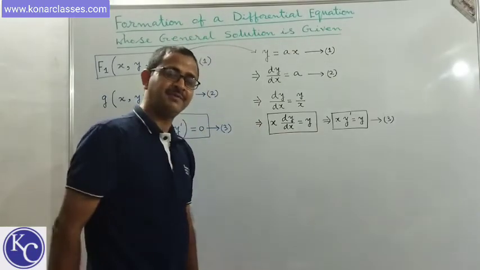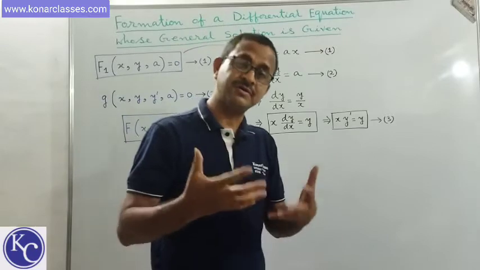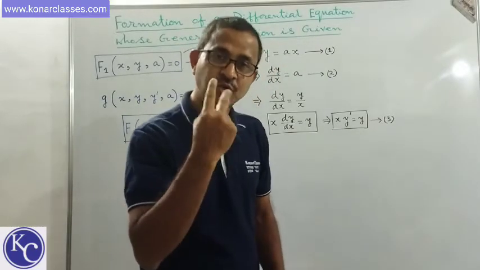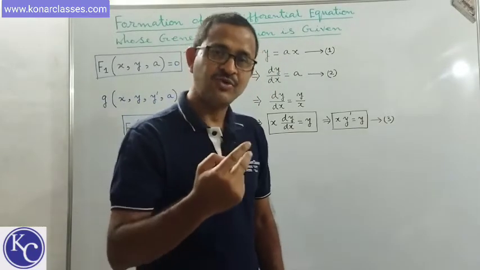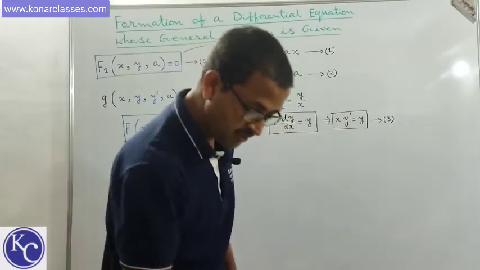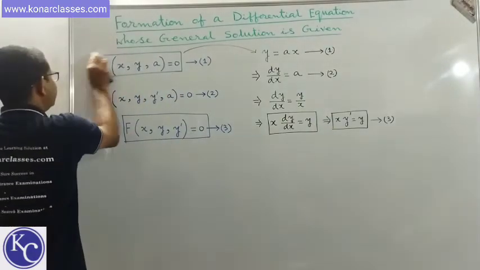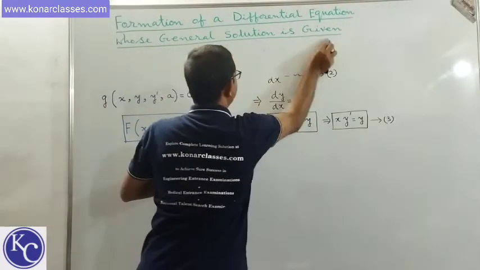Now we are going to see that if the general solution, meaning the family of curves, has two arbitrary constants, how to find the corresponding differential equation. That means the procedure. Here we are learning the procedure, okay? So let me write it down here.